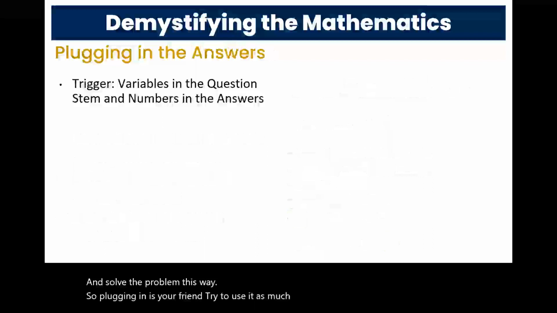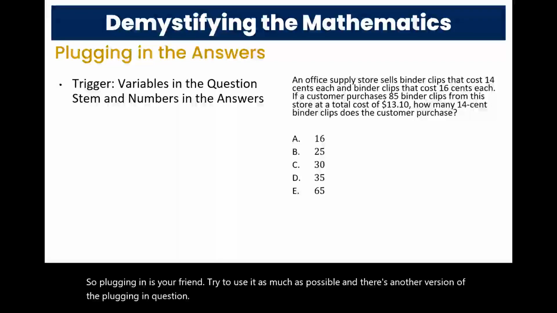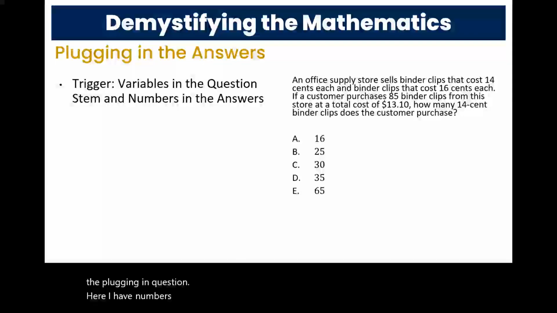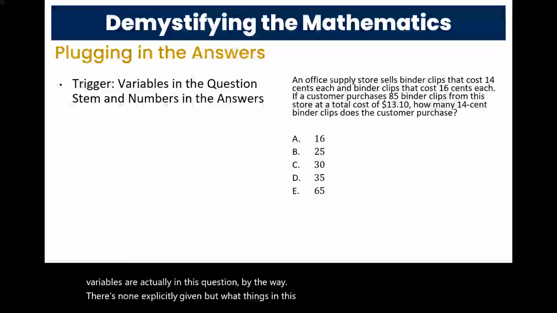And there's another version of the plugging in question. Here I have numbers in my answers, and I have a variable or variables in my question. What variables are actually in this question, by the way? There's none explicitly given, but what things in this question are variables?